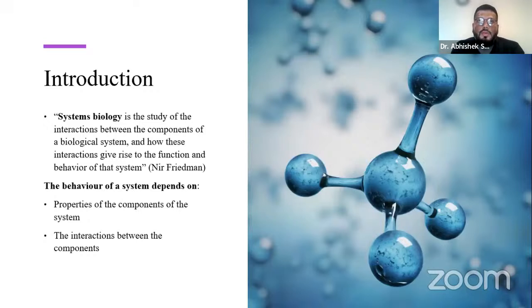So the objective is more or less the same in both cases. In the previous one we get insights and do predictions using AI ML methods. Here we use various mathematical and theoretical modeling strategies, or network or topological analysis in systems biology, to get those insights, right? So there are two ways by which you can dig out meaning from big data in biology.